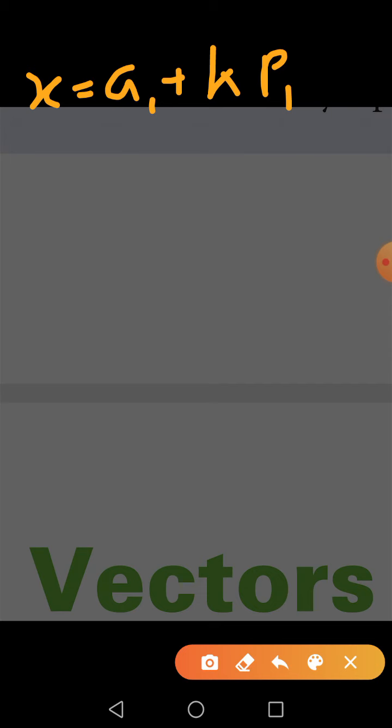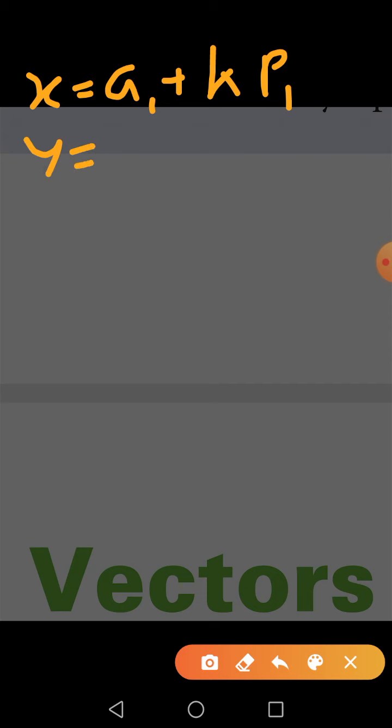What can we write? We can write x is equal to a1 plus k into p1, isn't it? a1 plus k into p1.